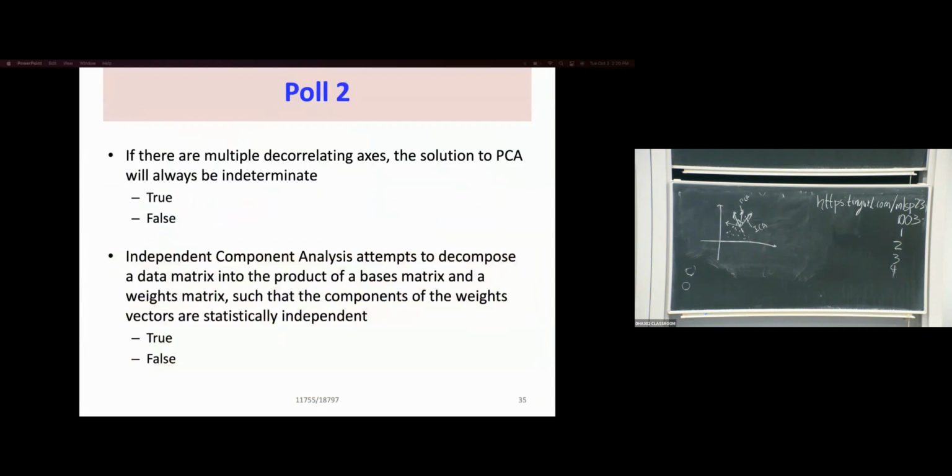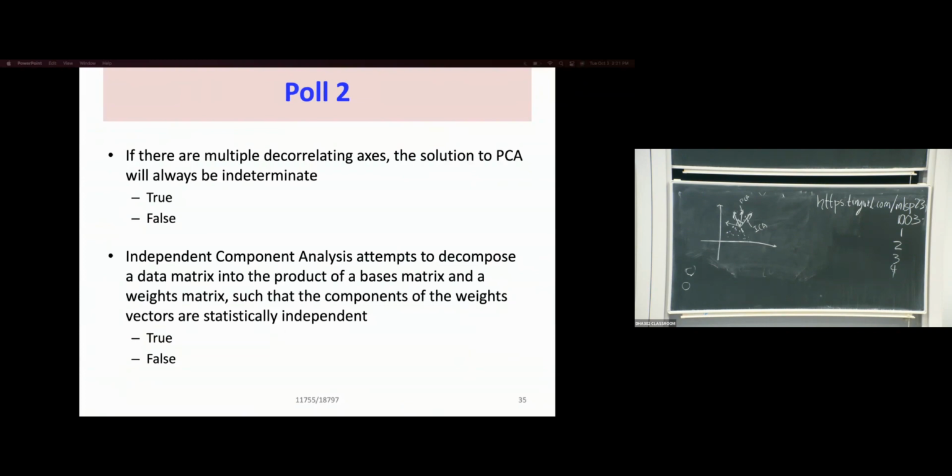So, second poll. Okay, does anyone know the answer to the first one?